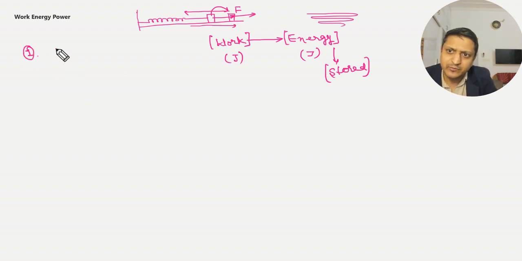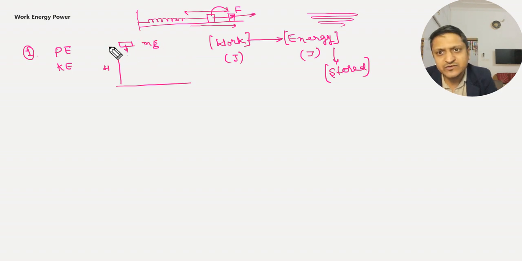In our syllabus we will be dealing with potential energy and kinetic energy. For that we always say that there is an object here, this is the height h, this is the mass m, and gravitation is g. So this object has mgh potential energy.